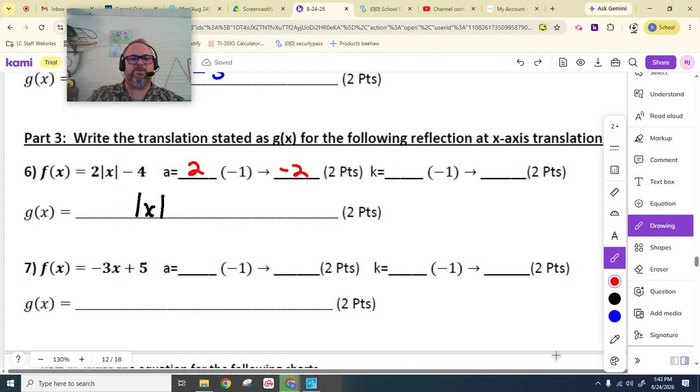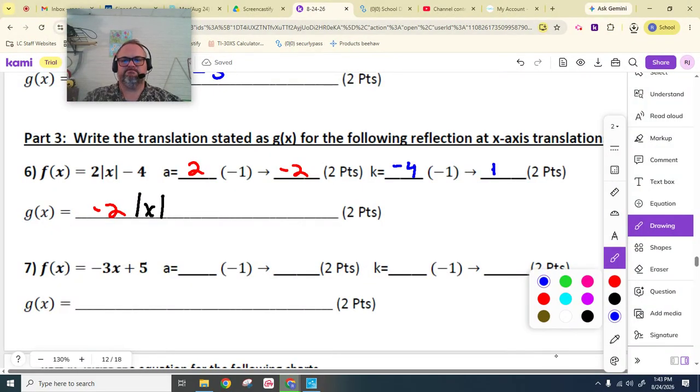So again, if you happen to mess this up here, that's where the points come off. All right. My A is -3, so that becomes +3. My K is 5, so -5.